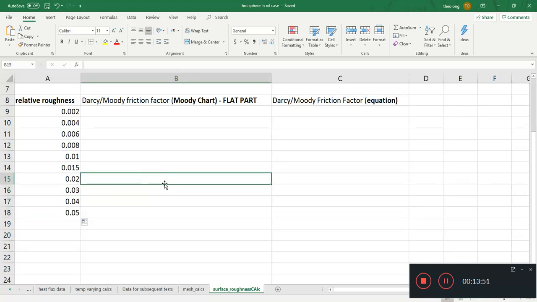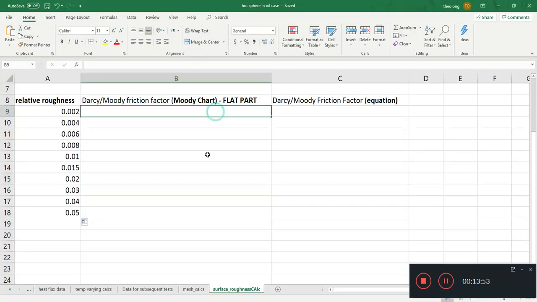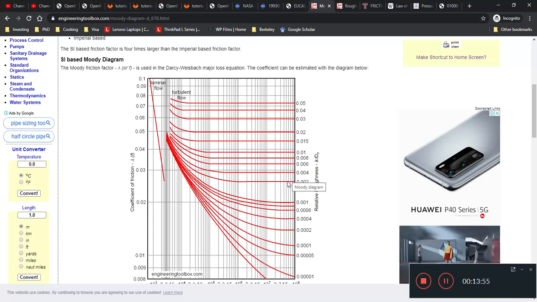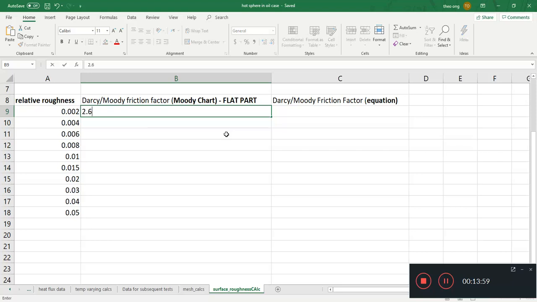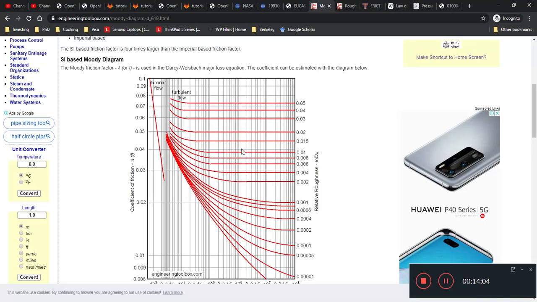There you go. And we can just do a rough reading first. This one is about, let's say 2.6. I'm not going to give exact numbers, just a rough guesstimate. This one is closer to 0.